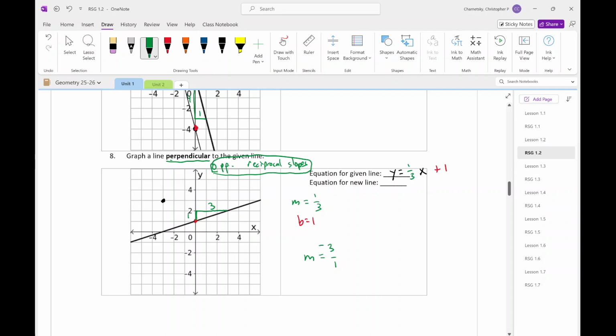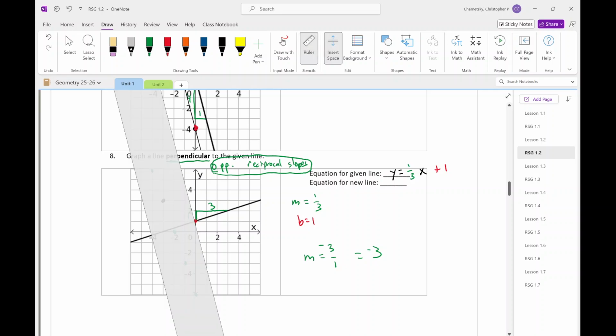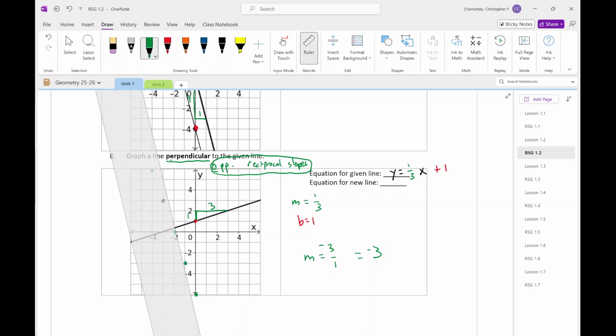So now my new slope is negative 3 over 1 or negative 3. So from this point, I would go down 3 over 1. Down 3 over 1. Okay. Take my ruler, line it up.